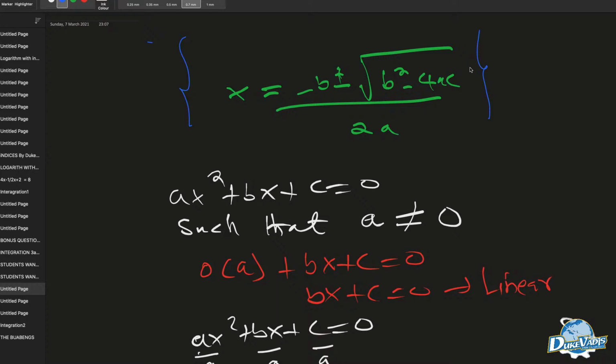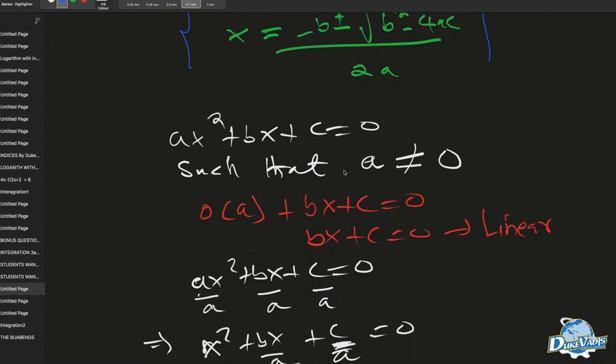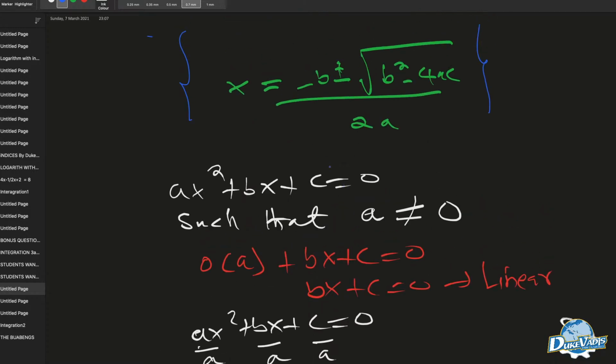This almighty quadratic equation started when we said that ax squared plus bx plus c equals 0, such that a is not equal to 0. Then somebody asked me, but sir, how did we derive this equation, this ax squared plus bx plus c itself? Then this was my explanation.